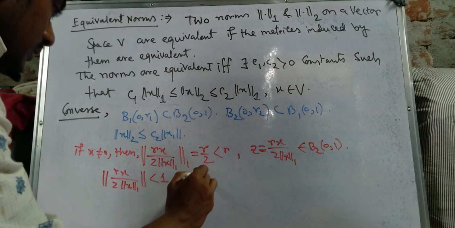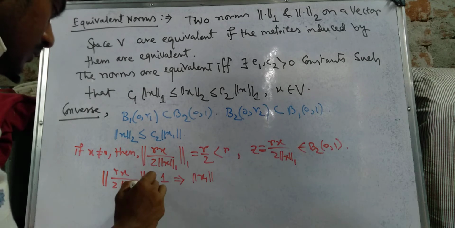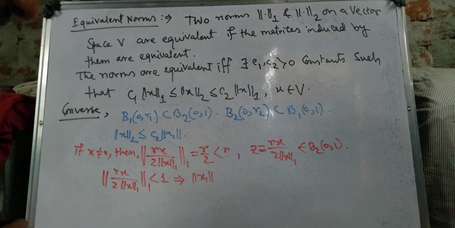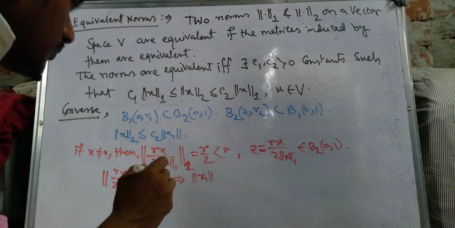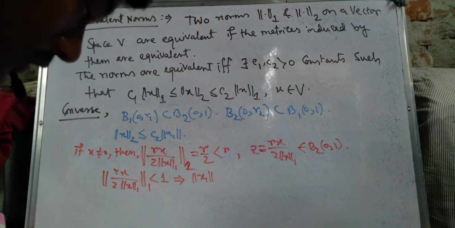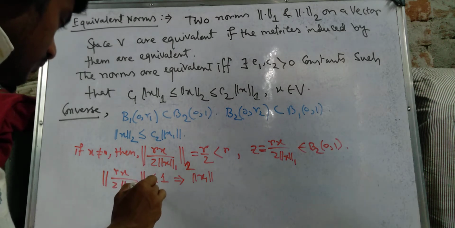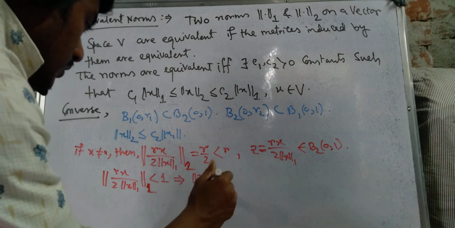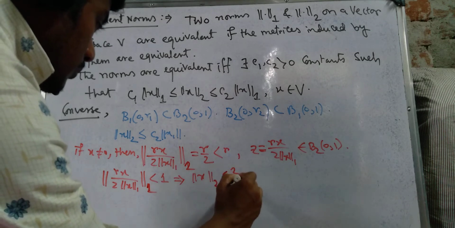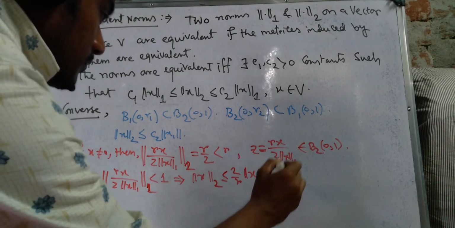This implies that norm of x2 is less than or equal to 2 by R norm of x1.